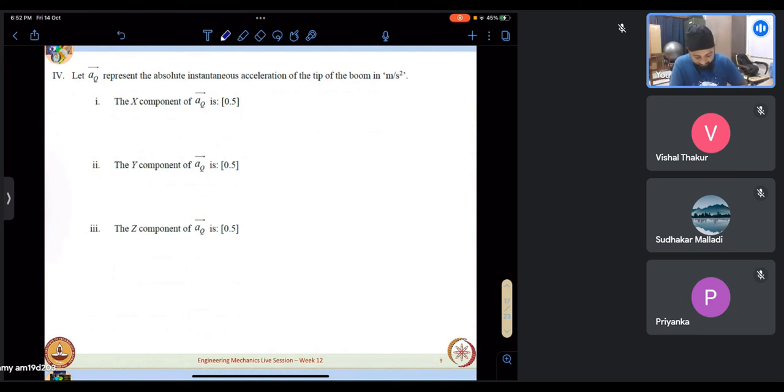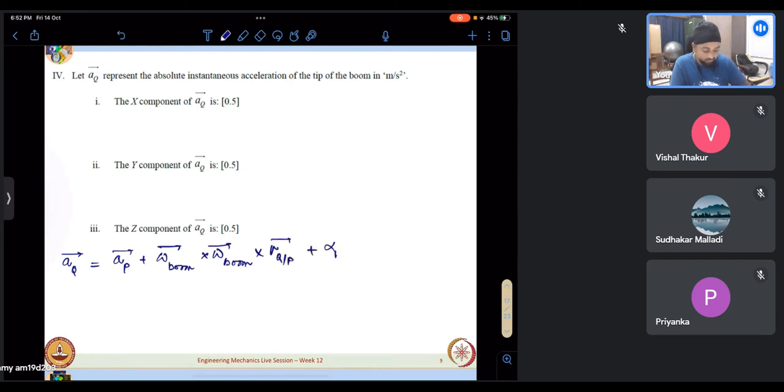Okay. Similarly, AQ, if we see, it is nothing but AP plus omega cross omega cross RQ with respect to P plus our alpha cross RQ with respect to P plus we have our Coriolis term, 2 omega cross VREL, plus AREL.